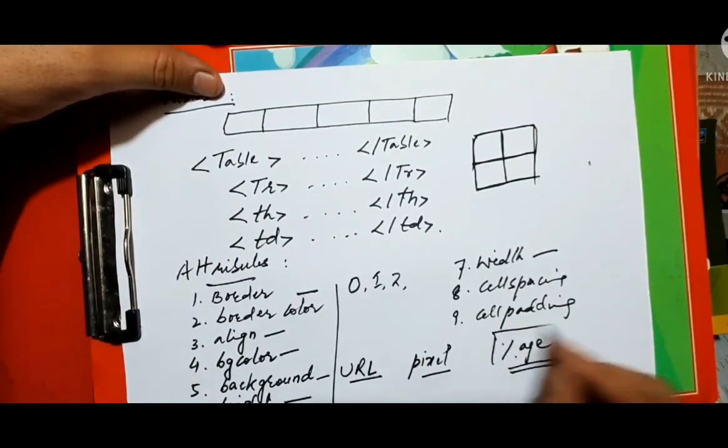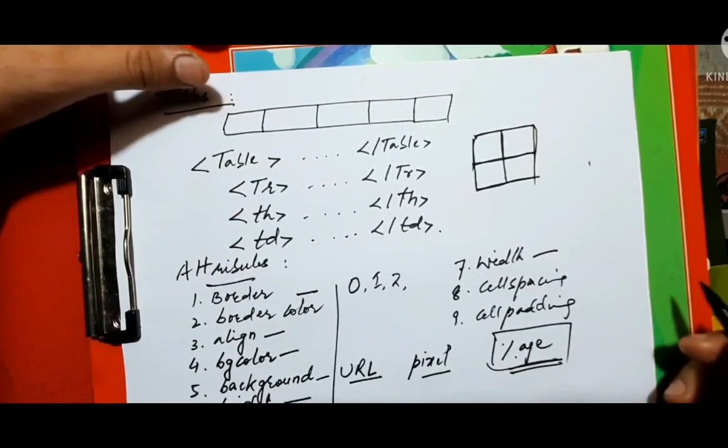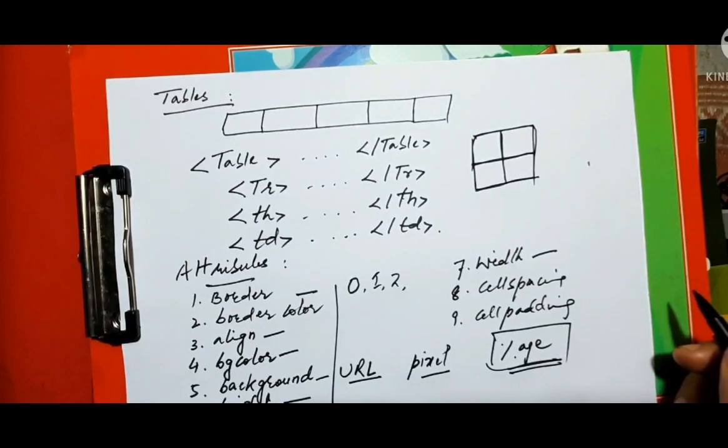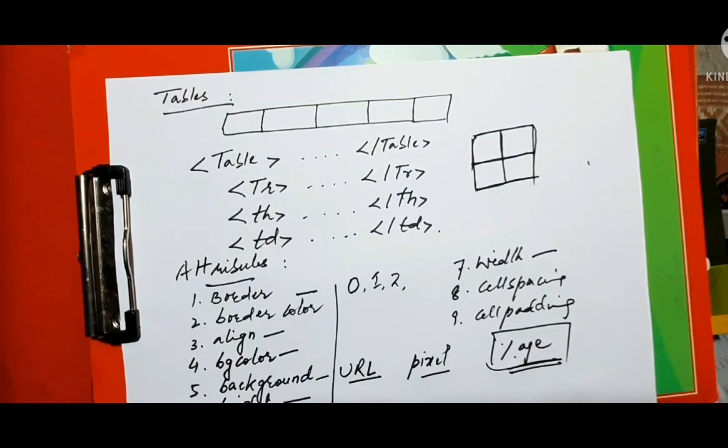In case of percentage, the height and width of the table depend on the size of the browser. As the size of the browser increases or decreases, the size of the table will increase or decrease respectively. So the height and width of the table depend on its parent.